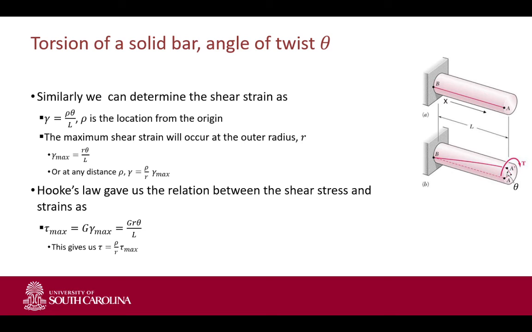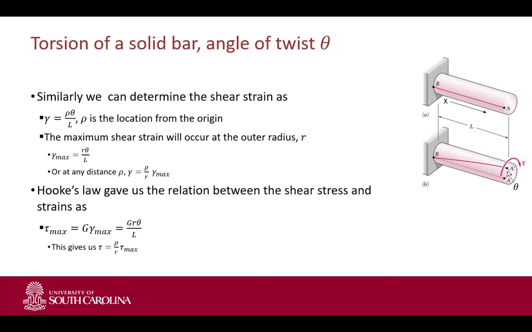The maximum shear stress equals r theta divided by L. And again, we assume a linear variation of the in-plane shear strain. So if you have any location halfway between 0 and r, you can just say rho over r multiplied by the maximum gives you your shear strain at that location.